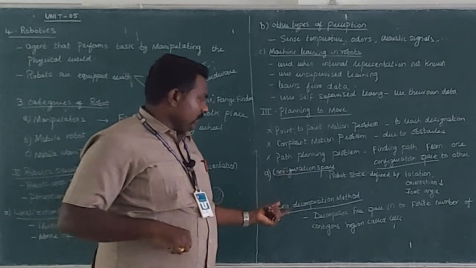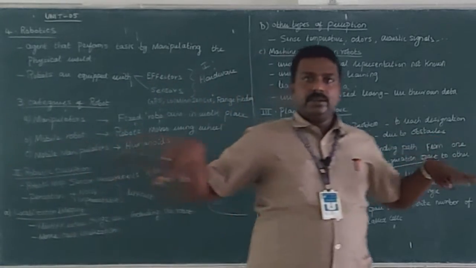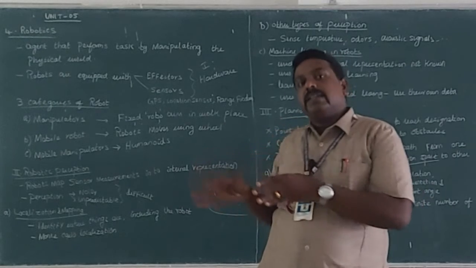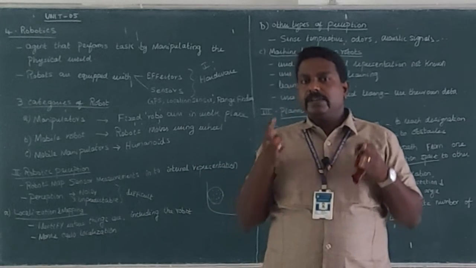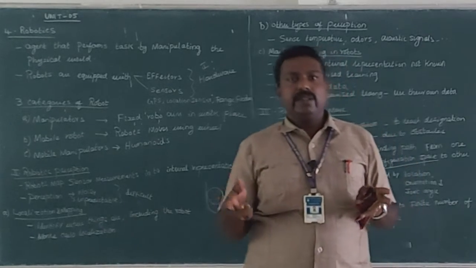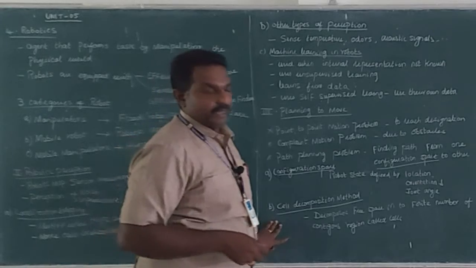The other one is the cell decomposition method, where the whole space of a room or the whole search area is split into small regions called cells. If an object is in a particular small cell, it will be easy for the robot to identify it. That kind of method is called the cell decomposition method.